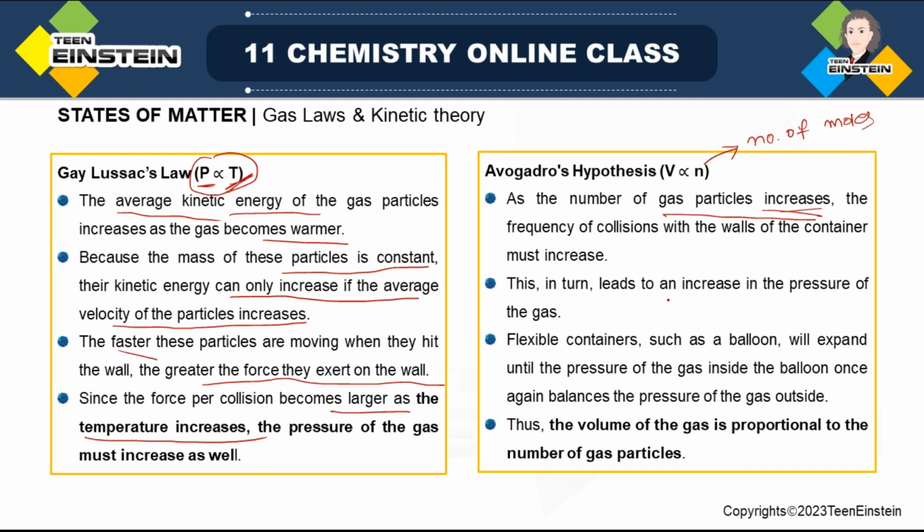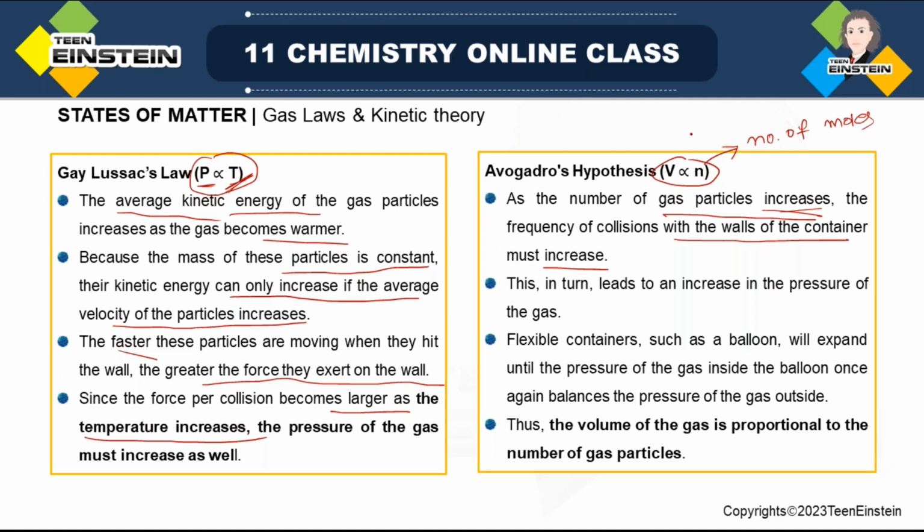So when the n value is increasing, the frequency of collision with the walls of the container will obviously increase because the number of particles is high. Temperature is constant, pressure is also constant, because you are comparing the relationship between volume and amount of gas.